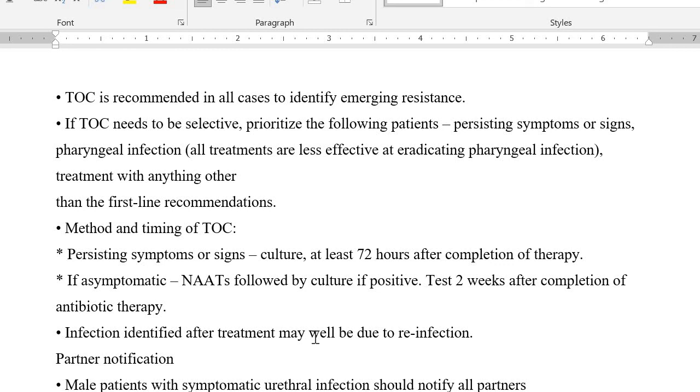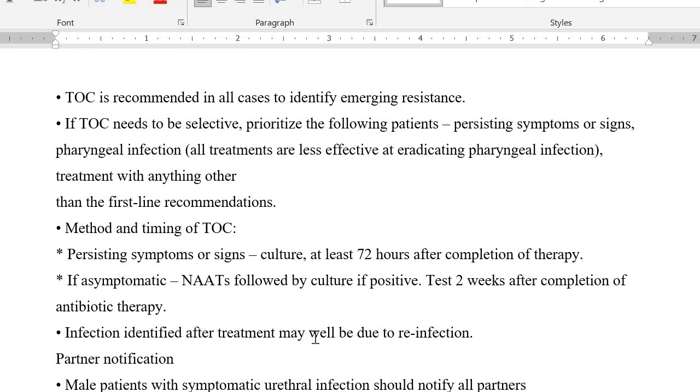So what is the method and timing of test of cure? If the patient has persistent signs and symptoms, culture should be done at least 72 hours after completion of therapy. If the patient is asymptomatic, then we will do NAT, followed by culture if positive. Then test of cure is done 2 weeks after completion of the antibiotic therapy.